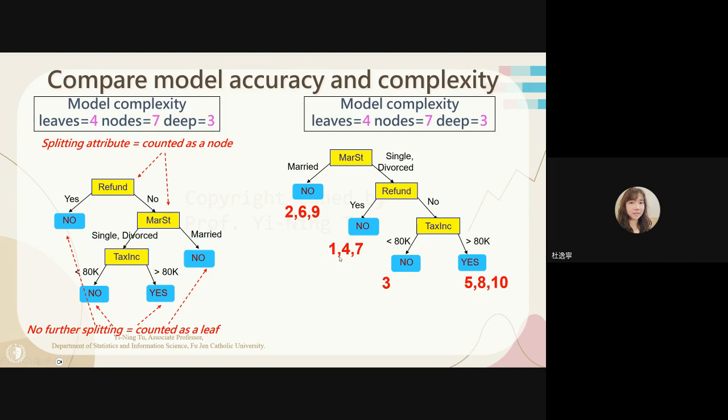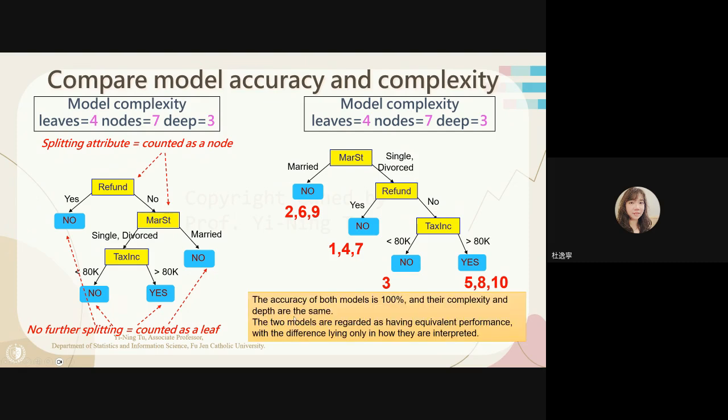So these two trees have the same complexity. The accuracy of both models is 100%. Their complexity and depth are the same, so the two models are regarded as having equivalent performance, with the difference lying in how they are interpreted.